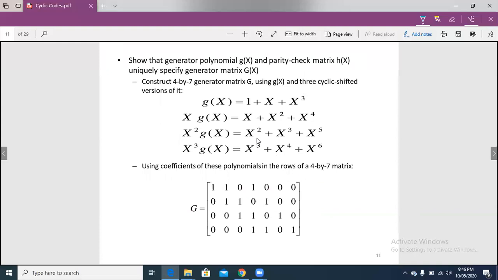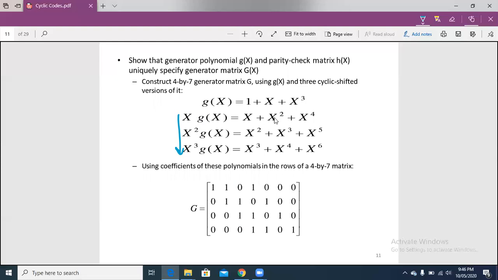So we have the generator matrix 1 plus x3, and it goes up to x3 because we can have only 3 shifts, since it's a 7-4 code word.